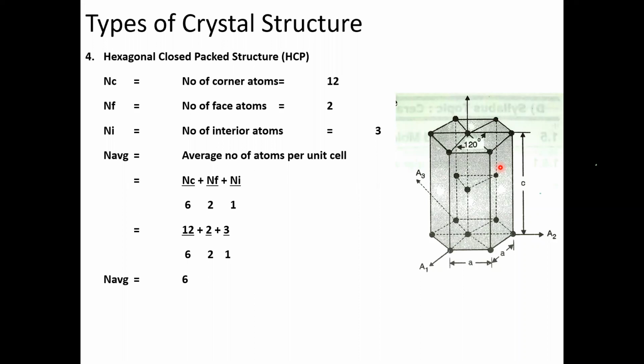If you draw a neat labelled diagram, the impression on the examiner or paper checker will be better. He can understand that the student has prepared this subject very well.